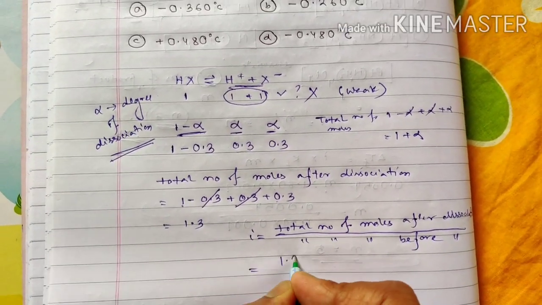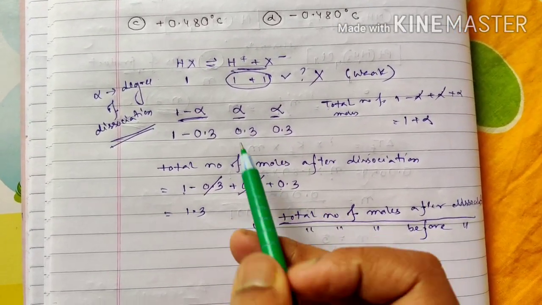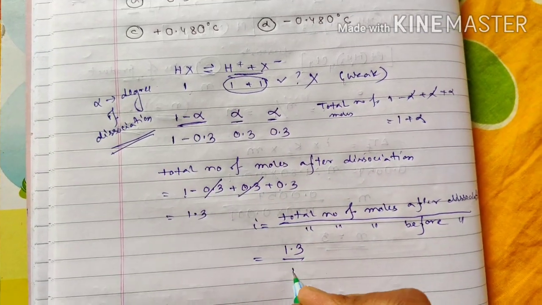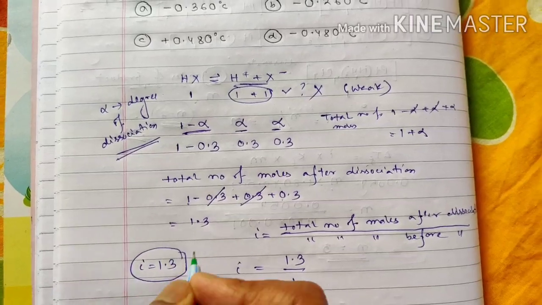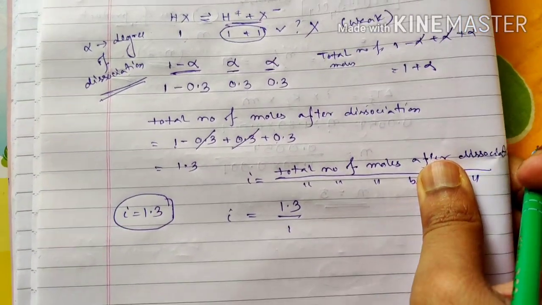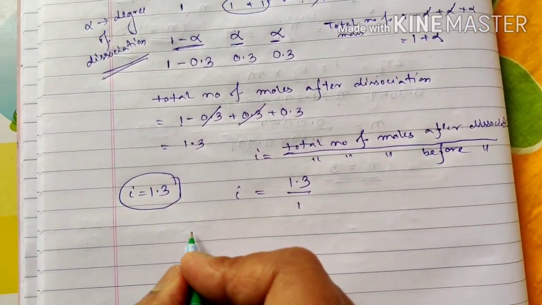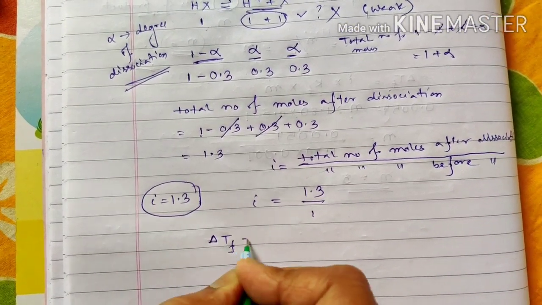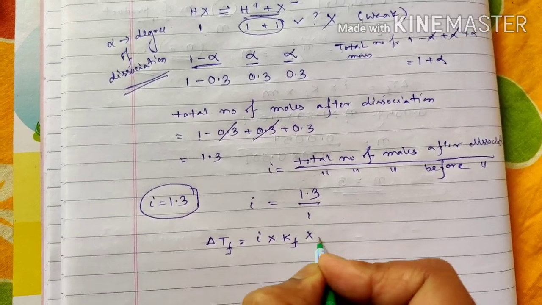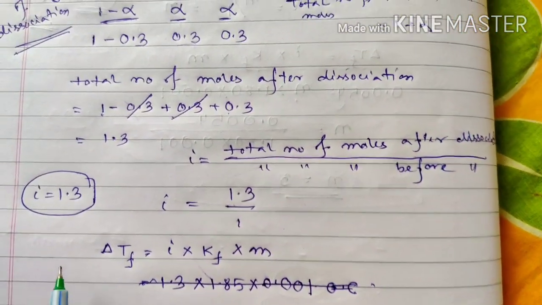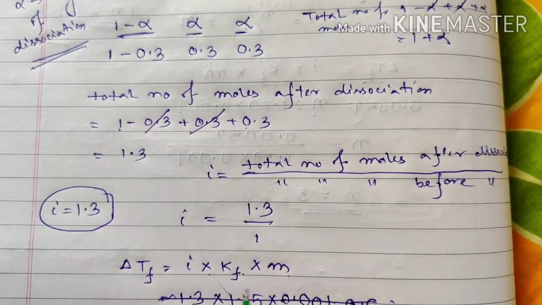So after dissociation it is 1.3, and before dissociation obviously it was 1. So the value of i should be 1.3. That was the thing that I was trying to say. Now in the actual formula, it is delta Tf is equal to i into Kf into m.